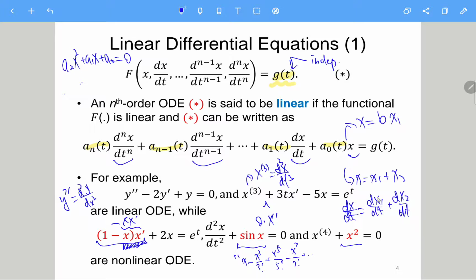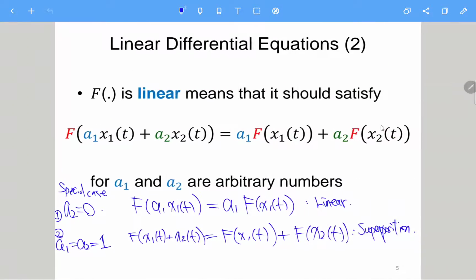It is actually linear, so you can just separate all the terms apart, so you will have f of x1 of t and f of x2 of t. And definitely you can prove that this is a linear expression. This is a linear function.